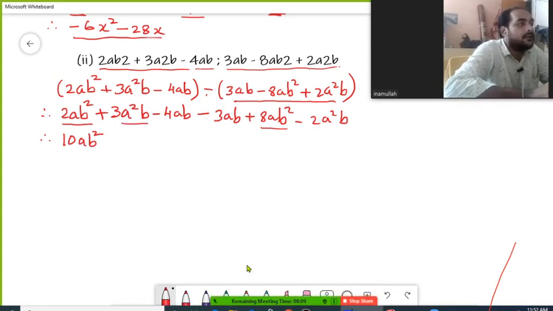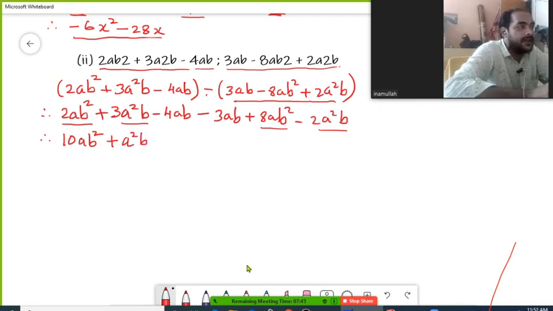Then 3a square b and 2a square b are like terms. One is positive, one is negative, so we will do subtraction, but we will take the sign of the greater number, and the greater number is 3. So I'll take plus 3 minus 2, that is 1 times a square and b will be left.